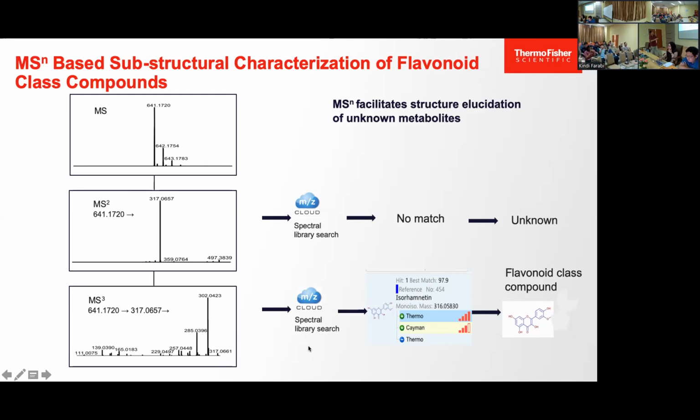You will see that you have a certain compound, and this is the class of flavonoid. Right now, I think it's over 10,000 compounds, mainly related to natural products and metabolites. And this online database keeps on increasing. Next.